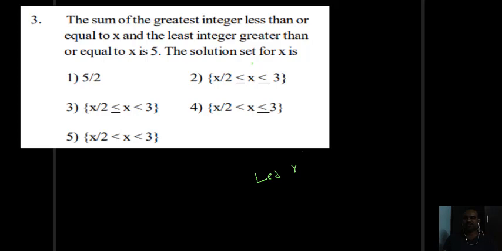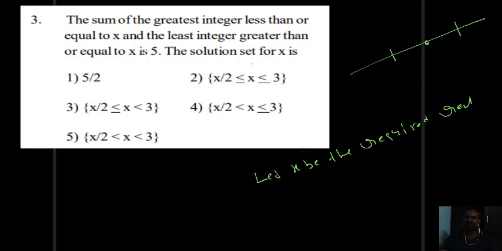Let x be the required real number. I will show you a number line. Here somewhere is x. This is floor x only, and this is floor x plus 1 only.